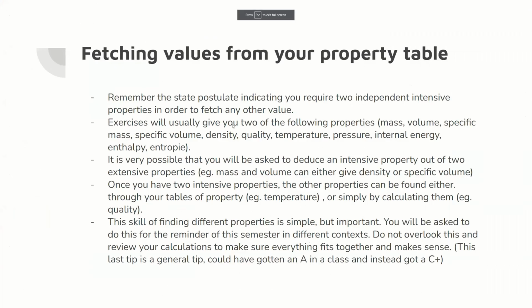Okay, an exercise also might give you not exactly two intensive properties, but maybe one intensive property and two extensive properties. But using these two extensive properties, you can get an intensive property. The most common example is mass and volume, with which you can get either specific volume or density. So yeah, once you have these two intensive properties, then you can find anything else.